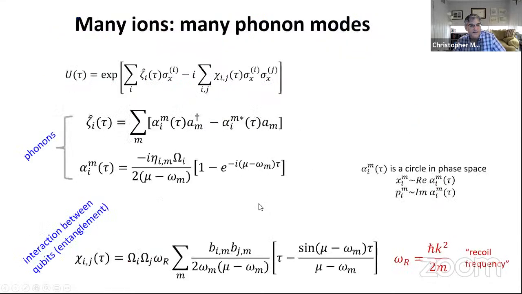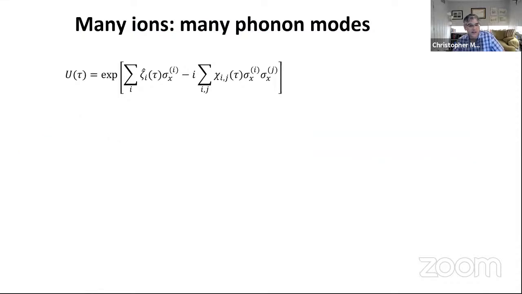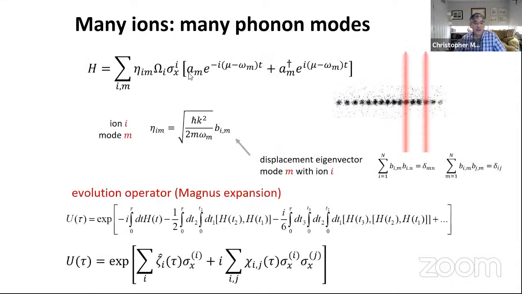Okay. The fundamental Hamiltonian, this is very slow, I'm sorry. This is the fundamental Hamiltonian, and the only approximation is the Lamb-Dicke regime, which is pretty good. But there are further approximations, rotating wave, all that other stuff. But we arrived at an effective Hamiltonian using this Magnus expansion.